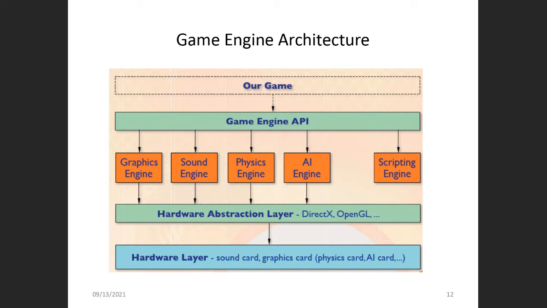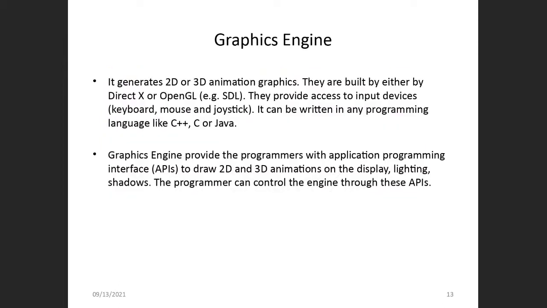We will use the game engine API, which means existing functions. What is an API? It will give you a set of functions or classes or objects, and we are going to use them in our game. So this is our game. We will write something here, the code or the interface, that will be connected to the game engine API, which will use them, and so on. That is the abstract overview of the game engine architecture.